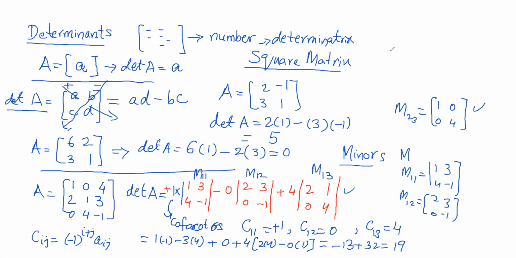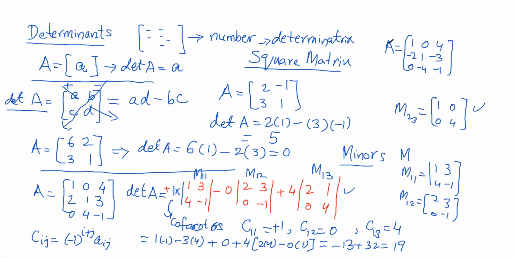So if we want to find the matrix of cofactors over here, it will be 1, 0, 4, then -2, 1, -3, then 0, -4, and -1.